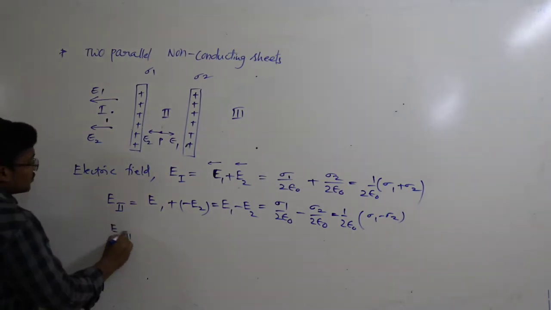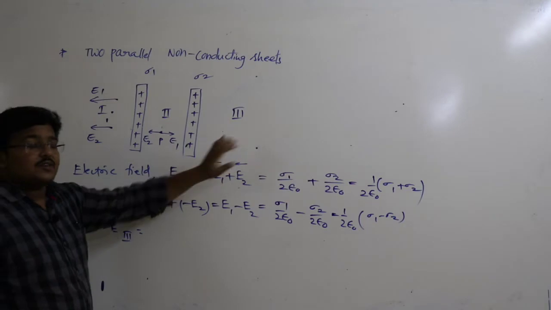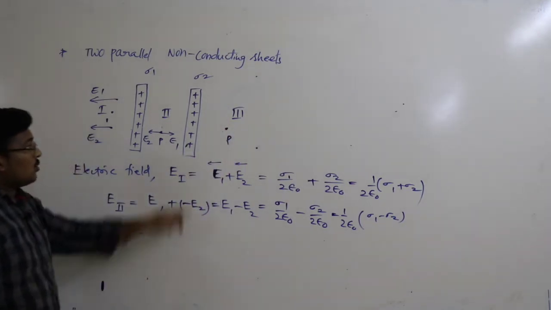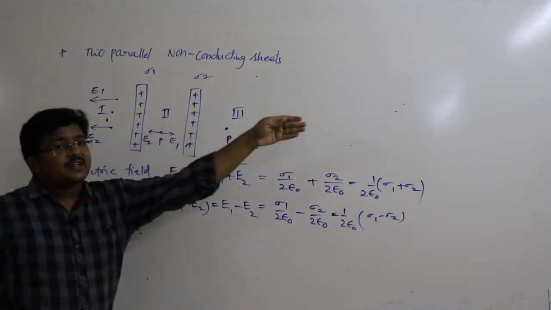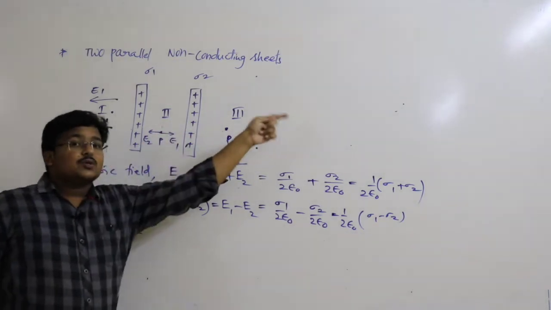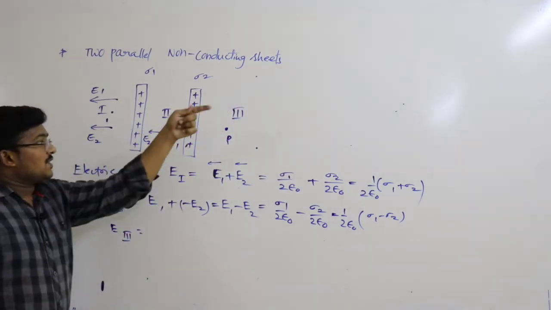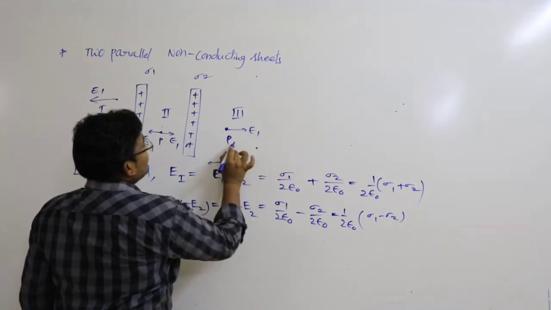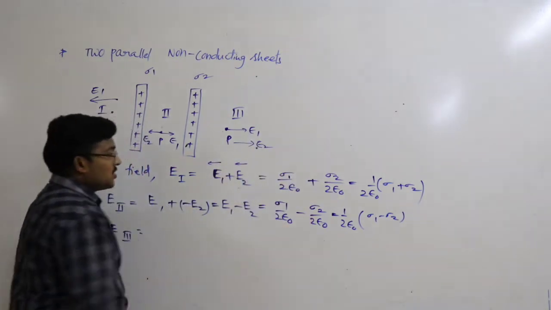And in the third region also, I want to find the field. Take a point P. Now due to this plate, the field will be to the right, because lines start from the positive charge to the point, and here also in the same direction. So E1 will be in this direction, E2 also in the same direction.